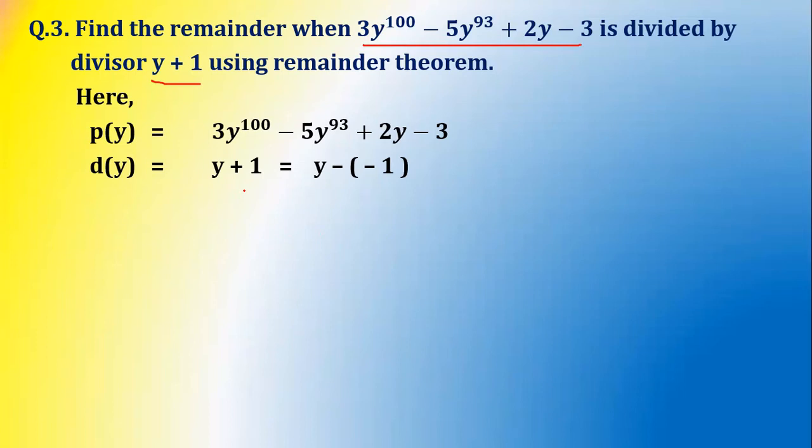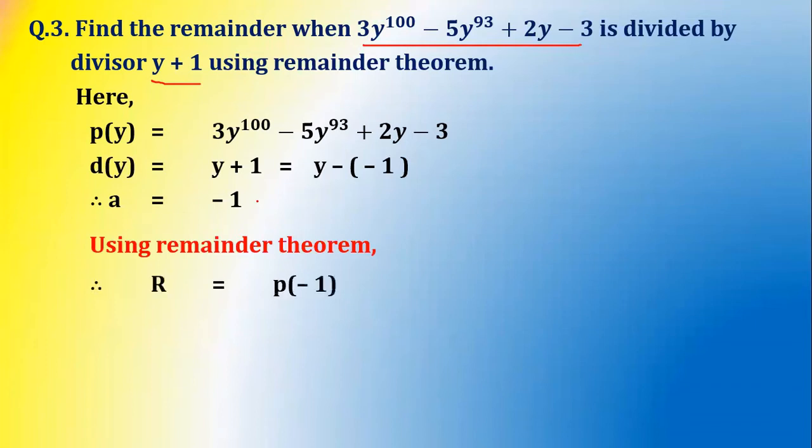When we compare this divisor y minus (minus 1) with our standard form, the value of a would be minus 1. Using remainder theorem, we know that the value of remainder will be r equals p(a). This time the value of a is minus 1, so r equals p(minus 1). Now we are going to put the value minus 1 in polynomial p(y). When we put all the values, it will be like this.